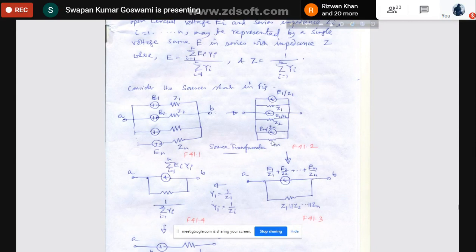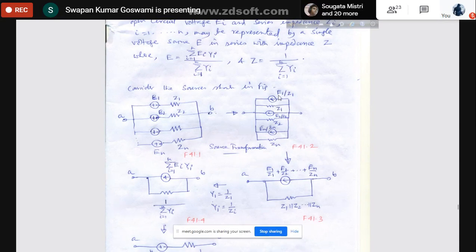Now you obtain the equivalent current source for all. What is the equivalent? E1 by Z1 in parallel with E2 by Z2 in parallel with all other sources up to En by Zn, which means all the currents will be added up.